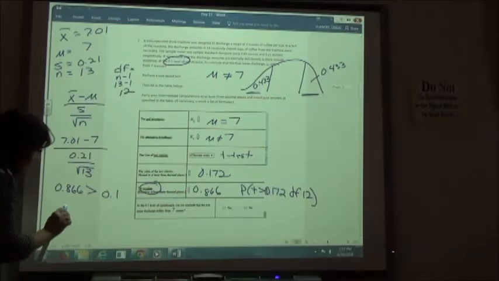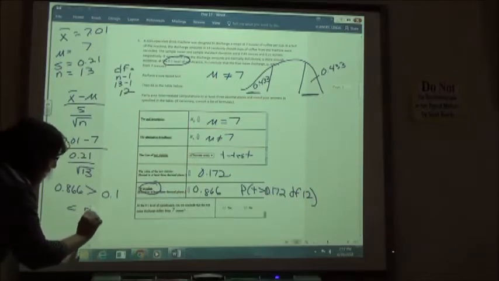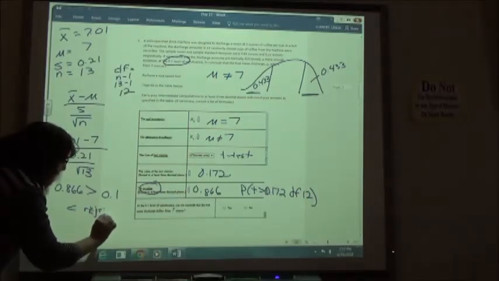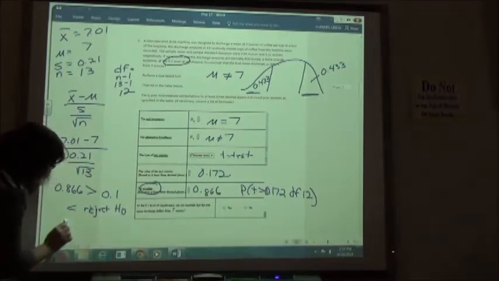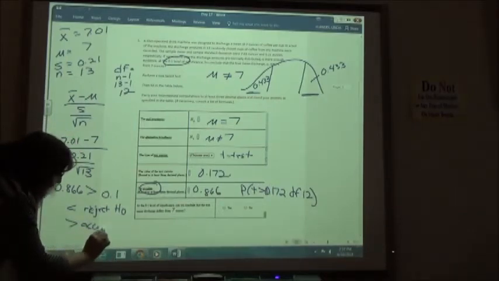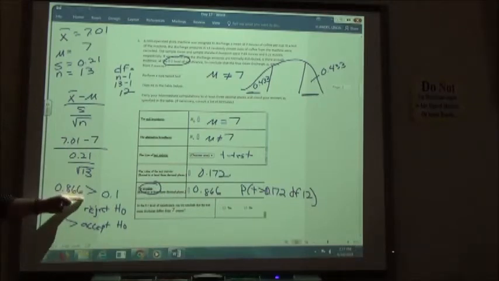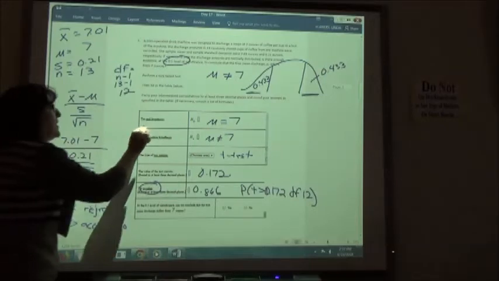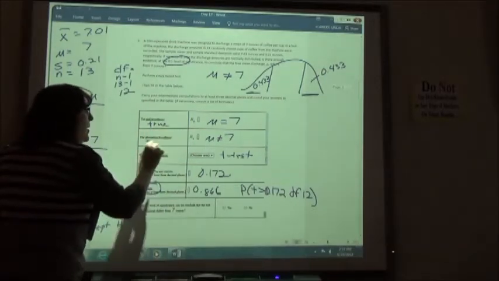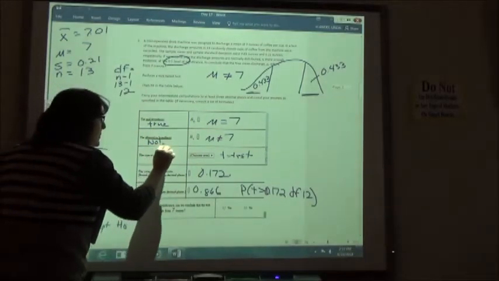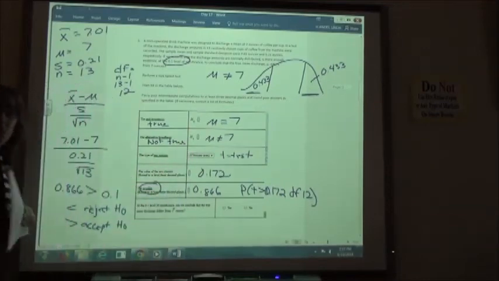If it's less, then you reject the null. If it's greater, accept the null. So we got that it was greater. That means we're going to accept the null statement. The null statement is going to be true. That means the other statement is our not true one, right?